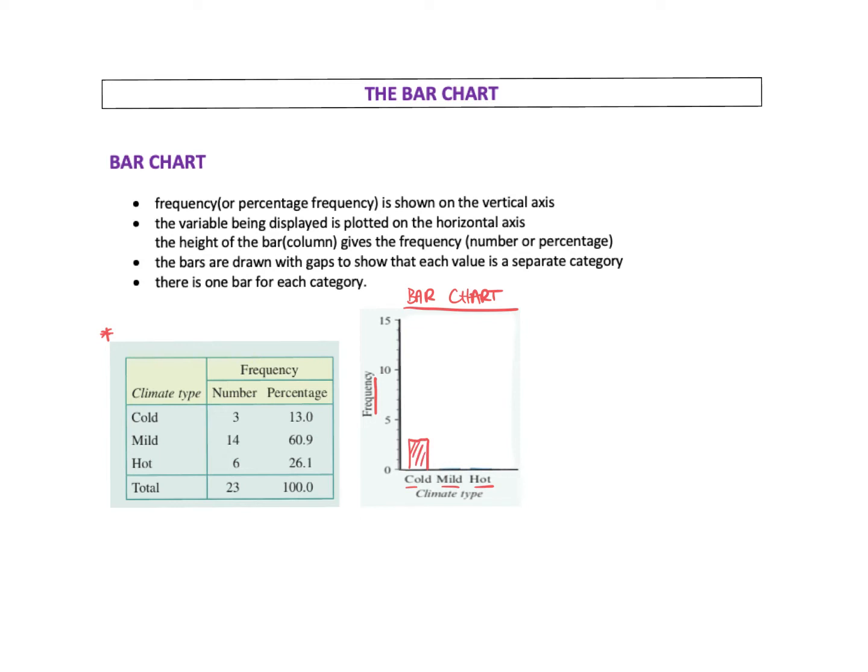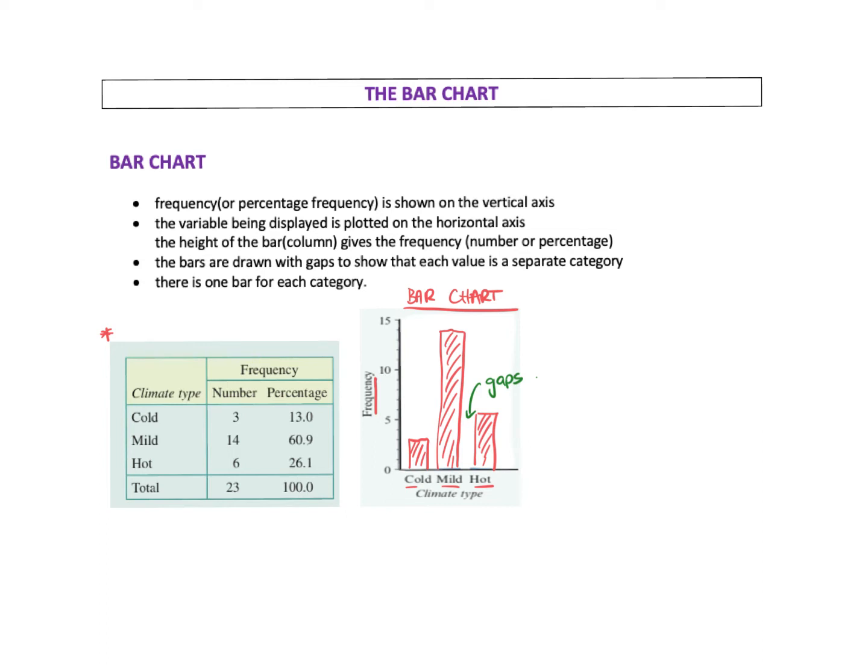Then mild goes up to 14, so your bar goes up to 14. And the last one, hot, is 6, so we'd have up to 6. So a bar chart has these gaps in between; they call them bars, but they look like columns.